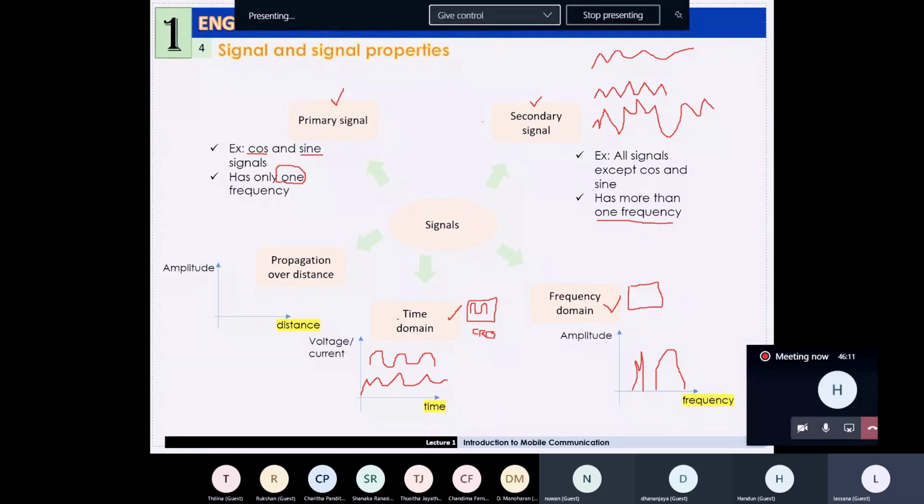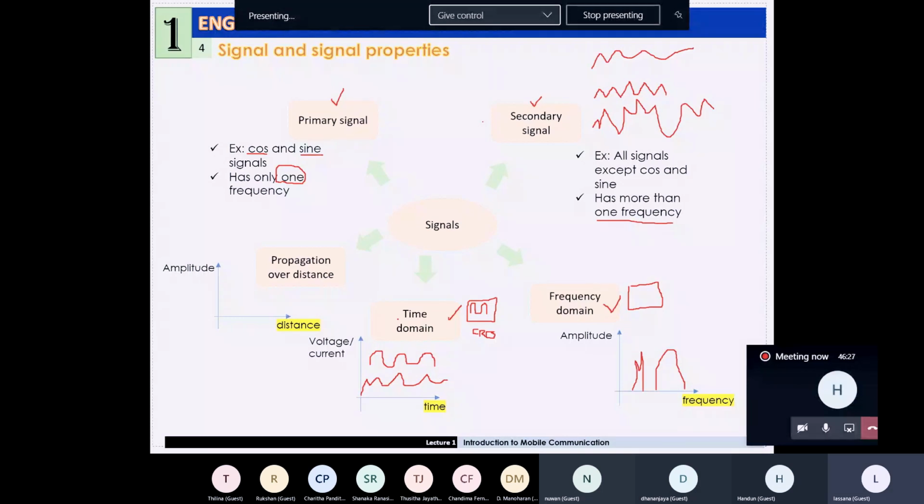And at the same time, in certain cases, we talk about signal behavior or signal variation over distance as well, especially in communication or in mobile communication. Why?